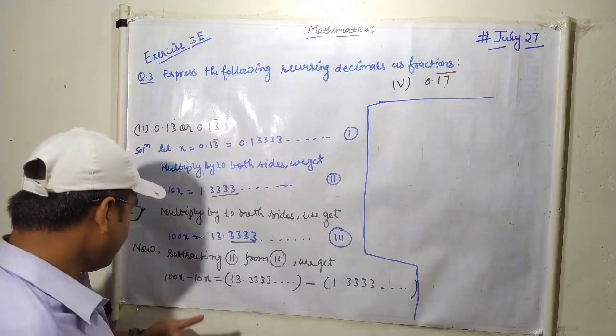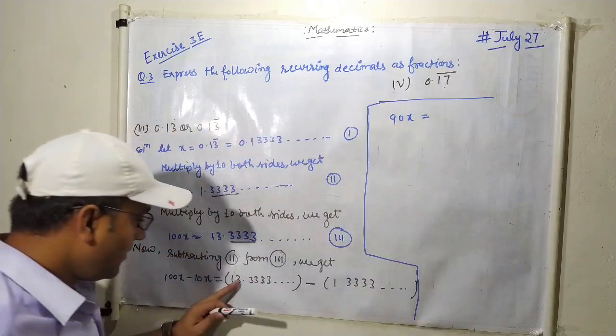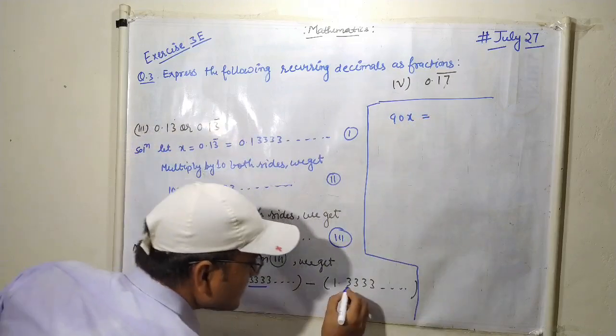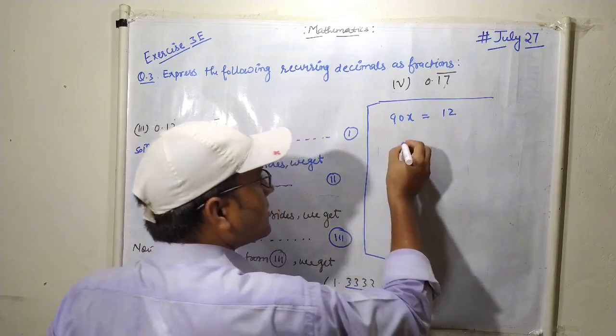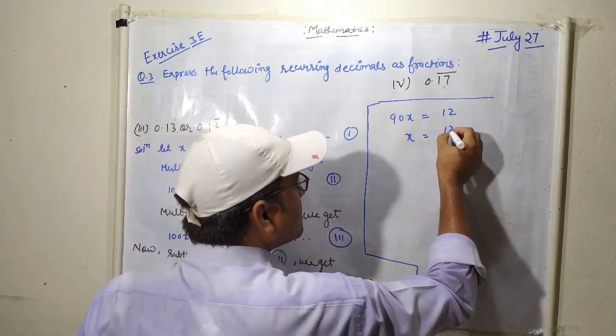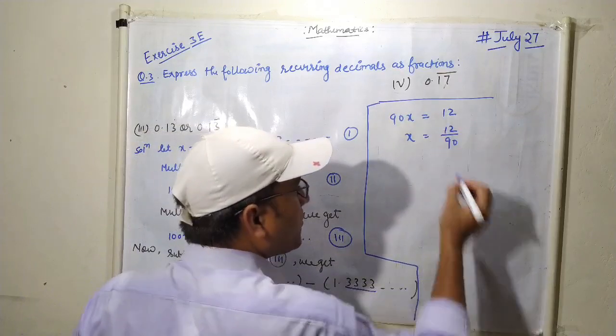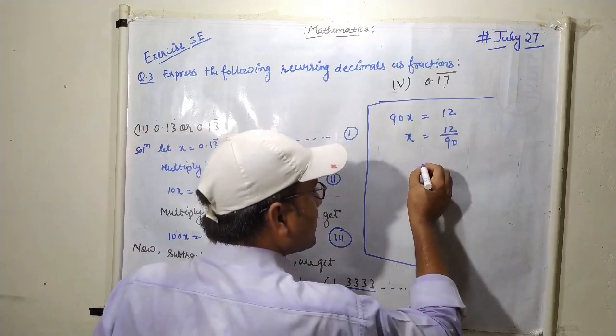If you subtract this one, then you will get 100x minus 10x, you get 90x is equal to, here you are subtracting, so this term should be 0 and 13 minus 1, you get 12. So then x is equal to 90 is a multiplication, goes to this side, division, 12 upon 90. If it cancels out by any same term, you will cancel this one.